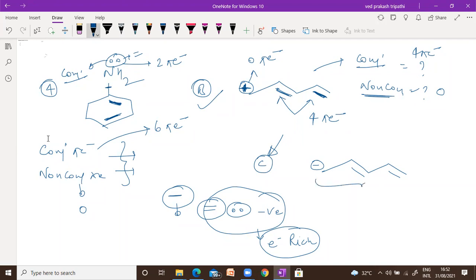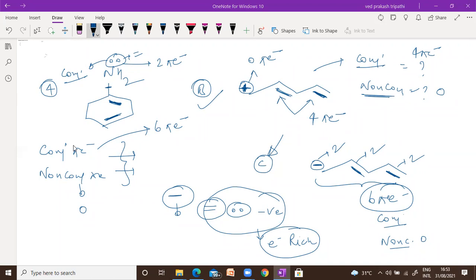If you are going to check your resonance, negative and they both double bond, they are all in conjugation. So each will give you 2. So overall you have 6 pi electron that is conjugated. And non will be 0. Any doubt? Perfect. Now we can move to the next.